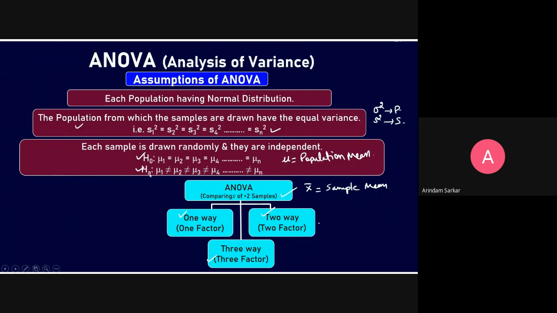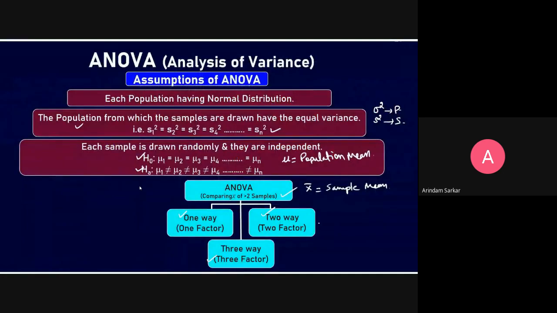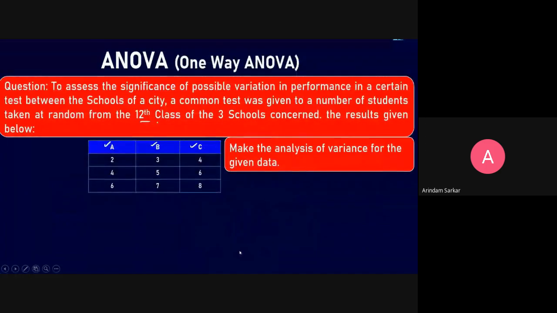This is my alternate hypothesis. Now, this is the example. If I solve it, you will understand how ANOVA works. There may be one-way ANOVA, two-way ANOVA, three-way ANOVA, and multi-way ANOVA. But here I will give you only one example of one-way ANOVA, so that you can get the essence of how ANOVA actually works.